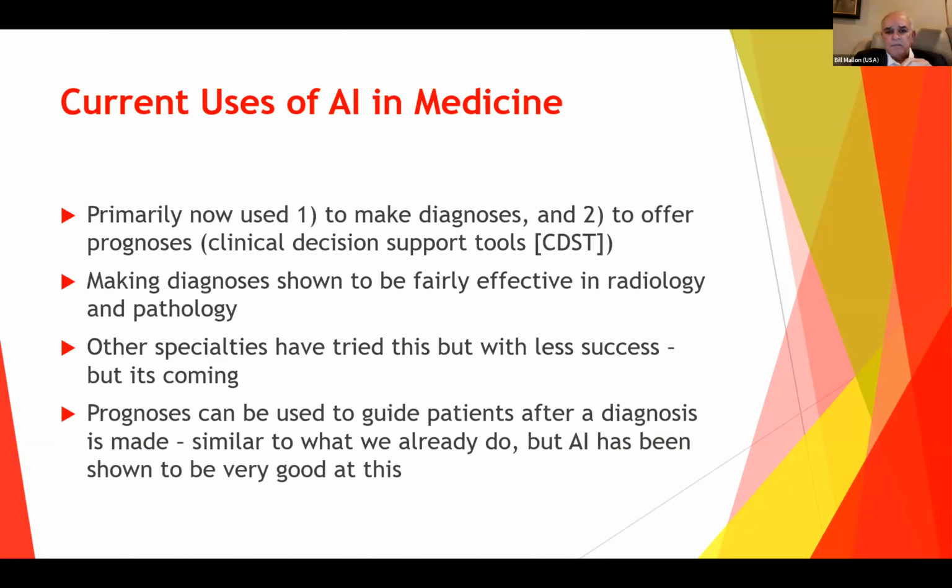But right now, and I think JP will talk more about this, in medicine itself, AI is primarily used to make diagnoses and to offer prognoses on those diagnoses with what are called clinical decision support tools, or CDSTs. Making the diagnoses has been shown to be fairly effective in radiology and pathology. Other specialties have tried it.